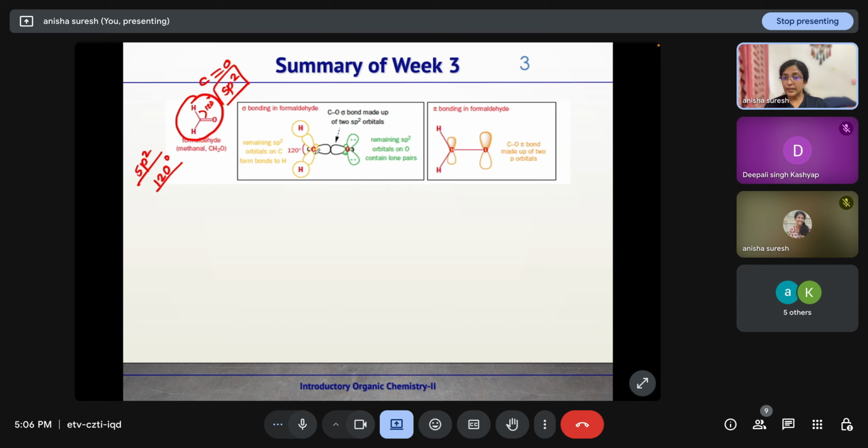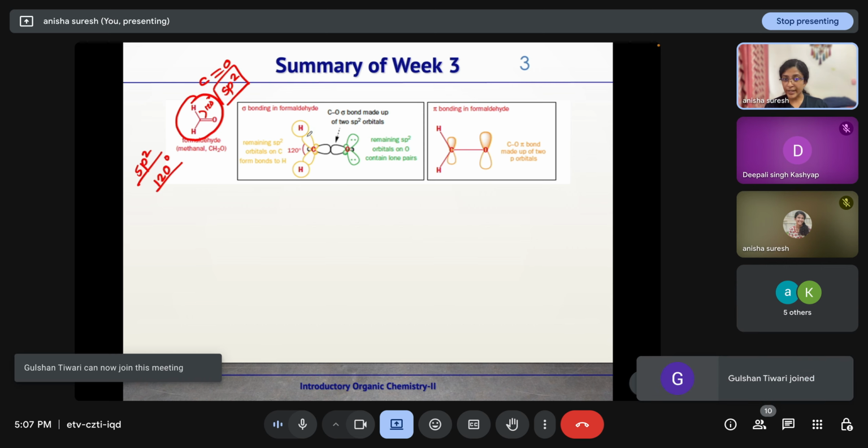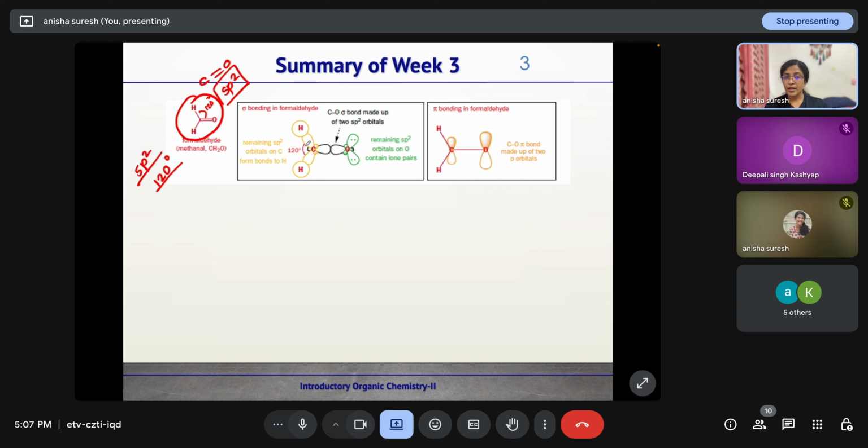The remaining two sp2 hybridized orbitals of carbon will overlap with the s orbital of hydrogen, leading to formation of the CH sigma bonds, as you can see here. And in the case of oxygen, it has two lone pairs.